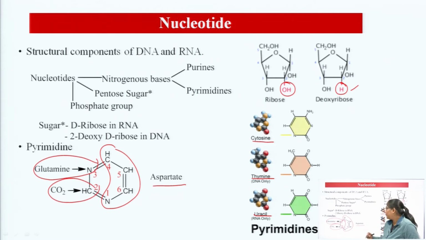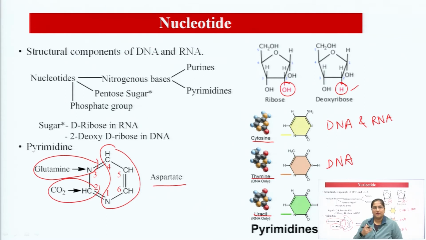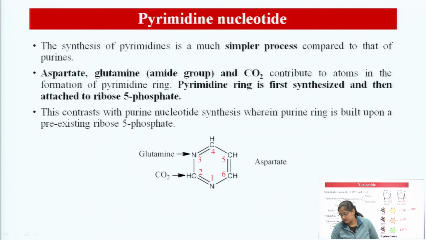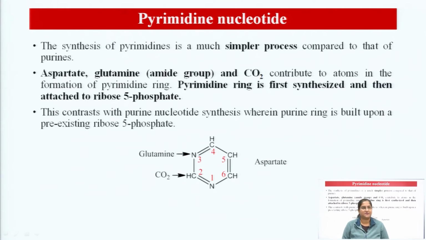So, cytosine is common, both DNA and RNA have cytosine in it, but thymine is only in DNA, whereas uracil is in RNA. Clear?